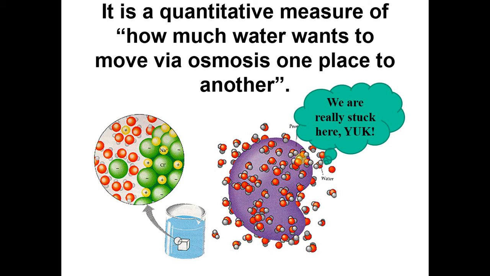How bad does water want to move, bad in quotations, from one place to the other? We're going to be able to compare two situations via a number and say in which case does water want to travel from here to there more, or in which direction is water going to move if it's not as clear cut as some of the examples we might have done before.